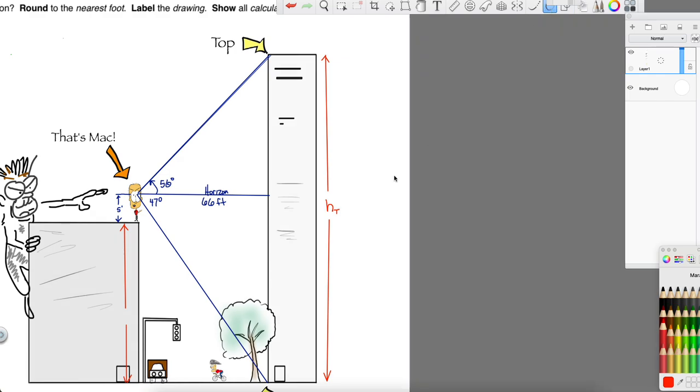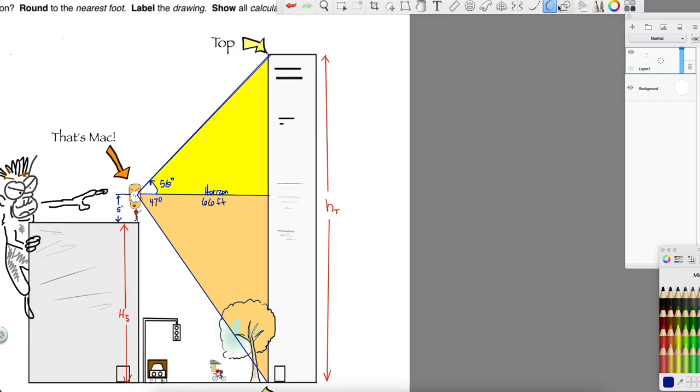So maybe I'll call this height small, or height tall, height small. Okay, H sub S. Okay, so the height of the tall building, I hope you see, is going to be, let's get a different color here. It's going to be these two legs added together.